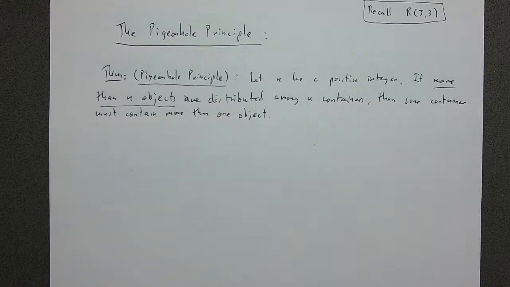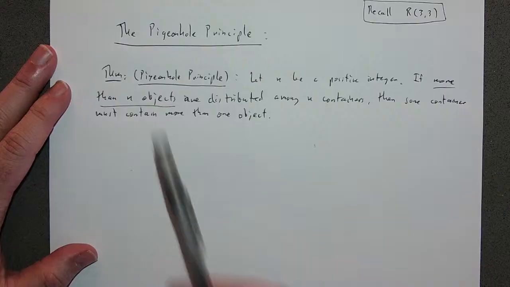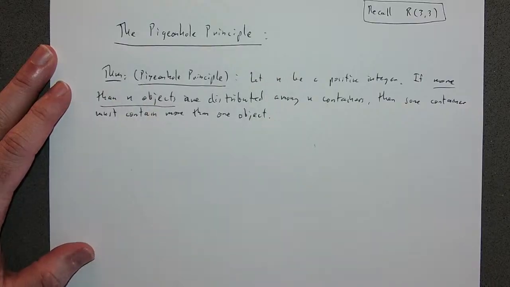So you're thinking of the containers as pigeonholes in a desk. This is called the drawer principle in German. This is Dirichlet's naming. This is called the box principle in some other texts in number theory. So, however you want to label this, this is what's going on.